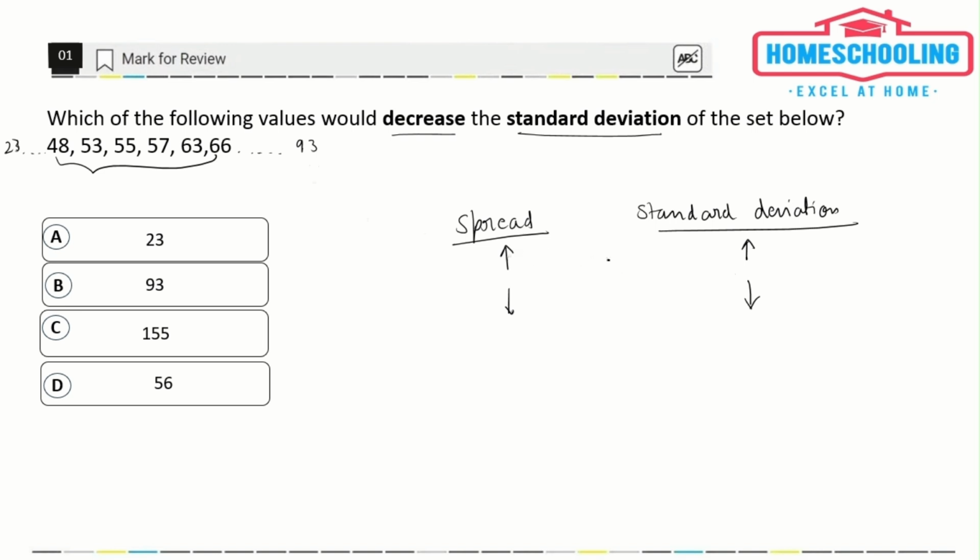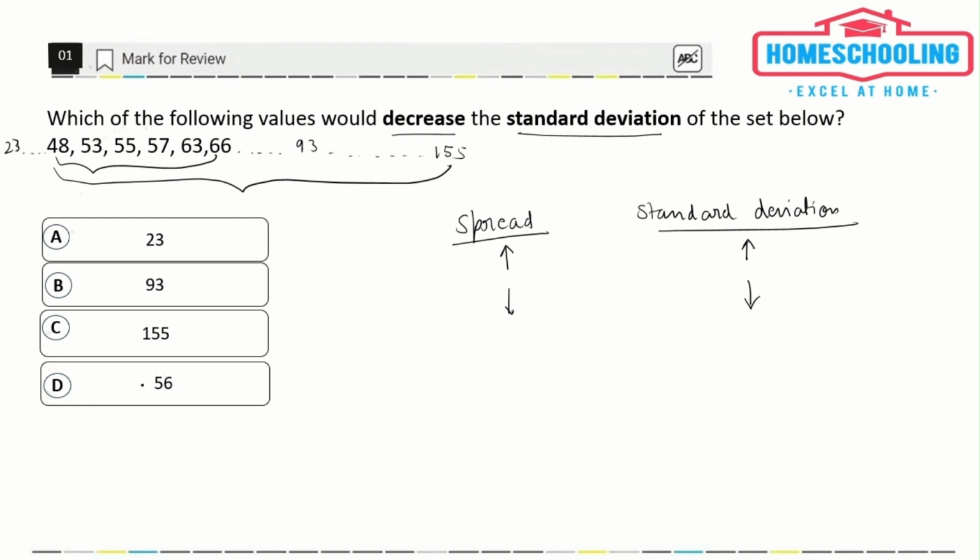As spread increases further, the standard deviation will increase, but we have to find the option where the spread will decrease. Similarly, if we put option C, that is 155, it will come far after 93. As we can see, spread was initially from 48 to 66, and now it has increased from 48 to 155. So spread has increased, so standard deviation will also increase. Now coming to the last option.